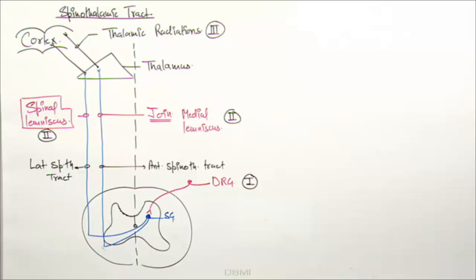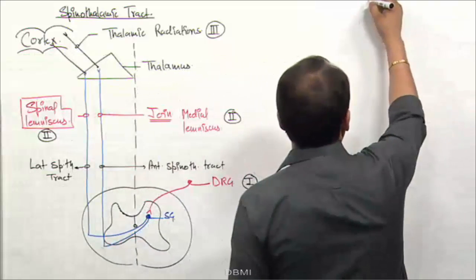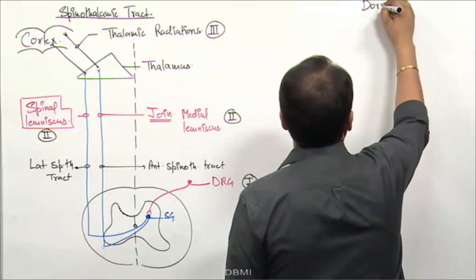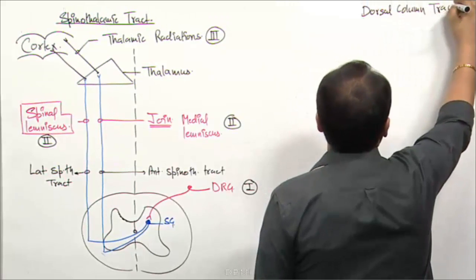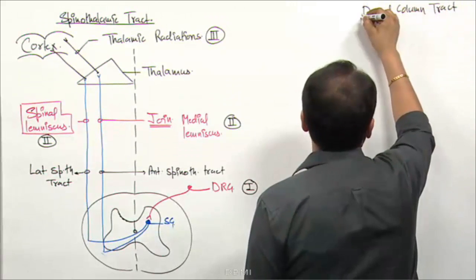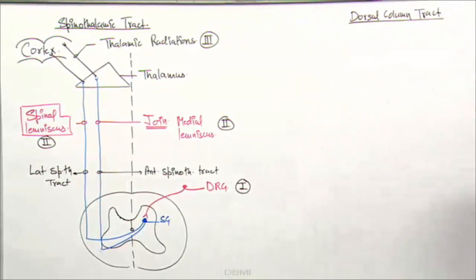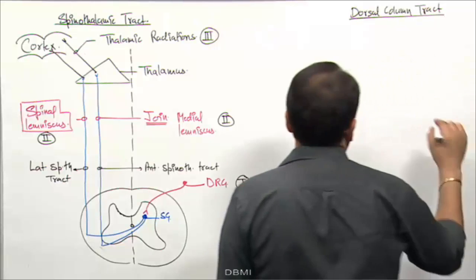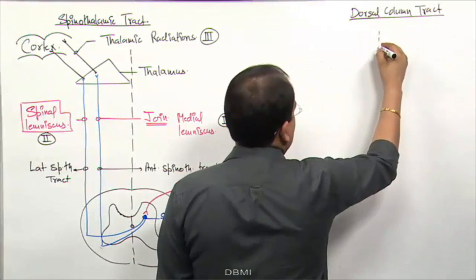So this is the first tract, the spinothalamic tract. Let's talk about the dorsal column tract, and see how the fibers of the dorsal column tract reach the cortex. This time we again consider, let's say there's a midline once again.